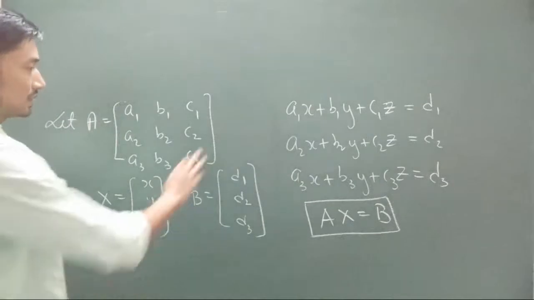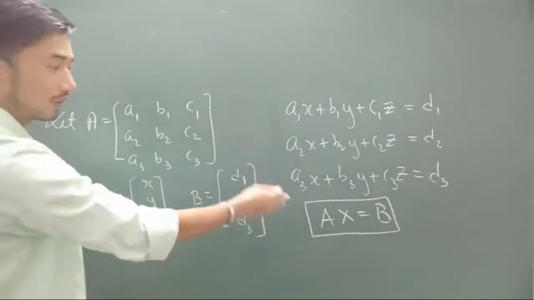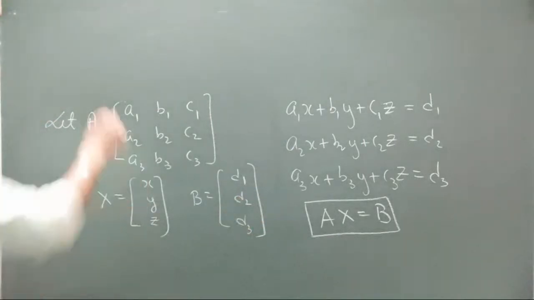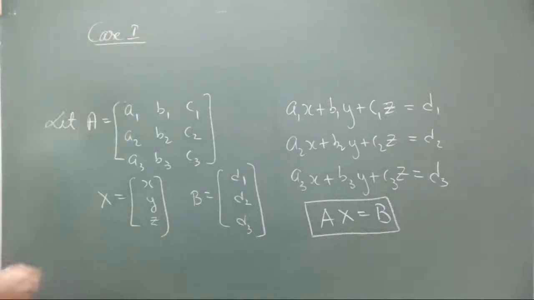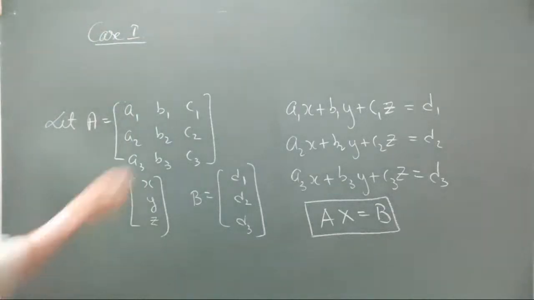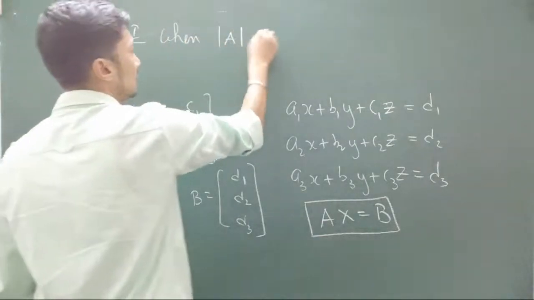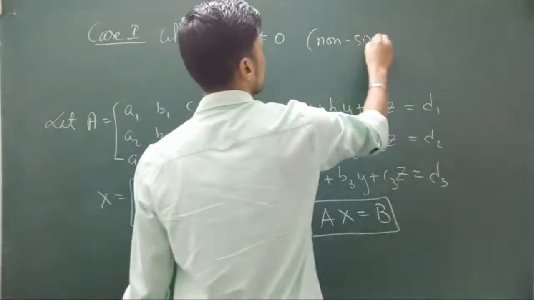So anyway, this is how a system of equations given to you would look in the matrix form. Alright, now the case is this. I hope you're noting it down. Case 1, that is when the determinant of the matrix A is not equal to 0. If you remember, this was non-singular.